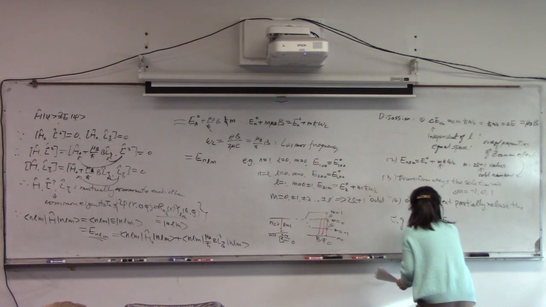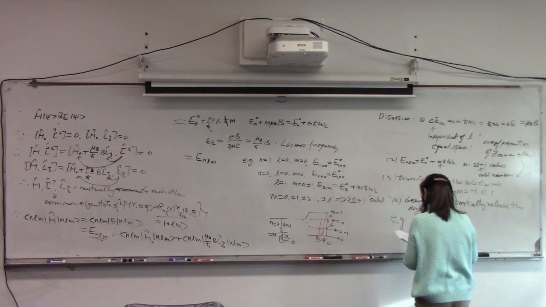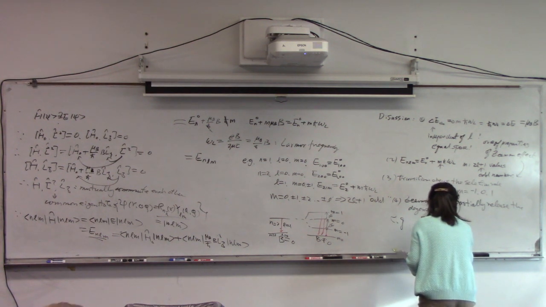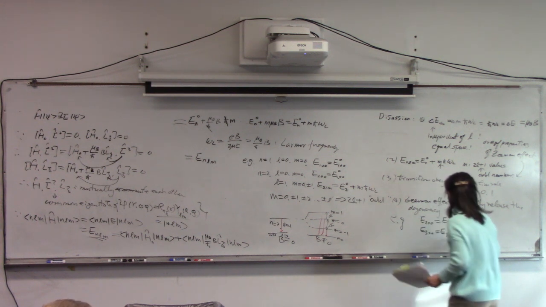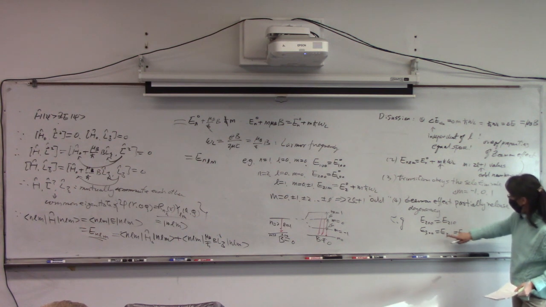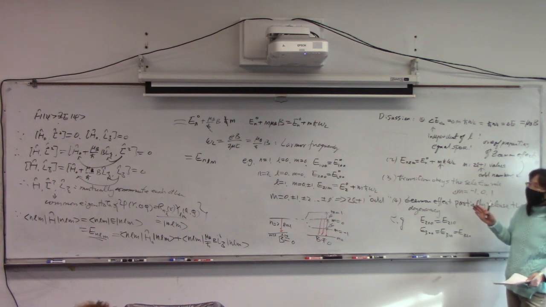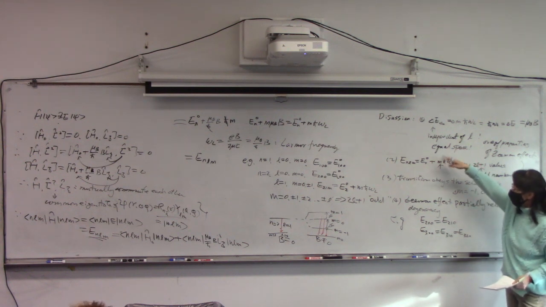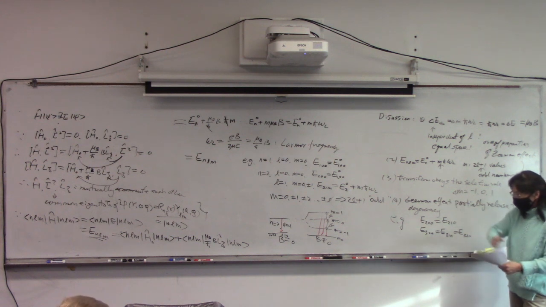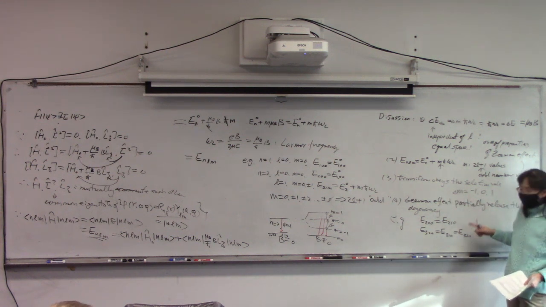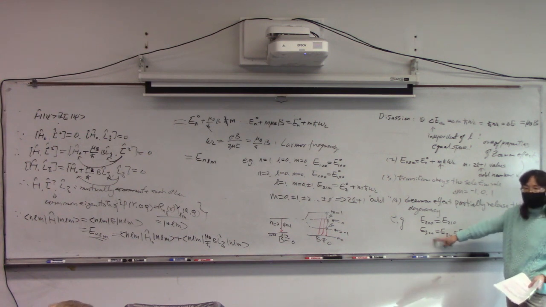Another case is E3, right? E300, E310, E320. If m is the same, even though L is not the same, they still keep the degeneracy there. So that means this normal Zeeman effect cannot completely release all the degeneracy. It still has partial degeneracy. For the same m, same n, but different L, they still have the same energy level.